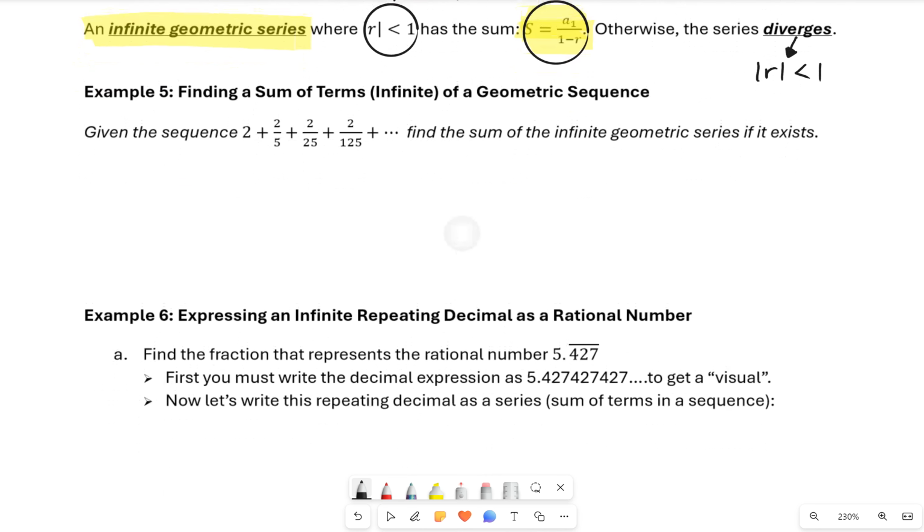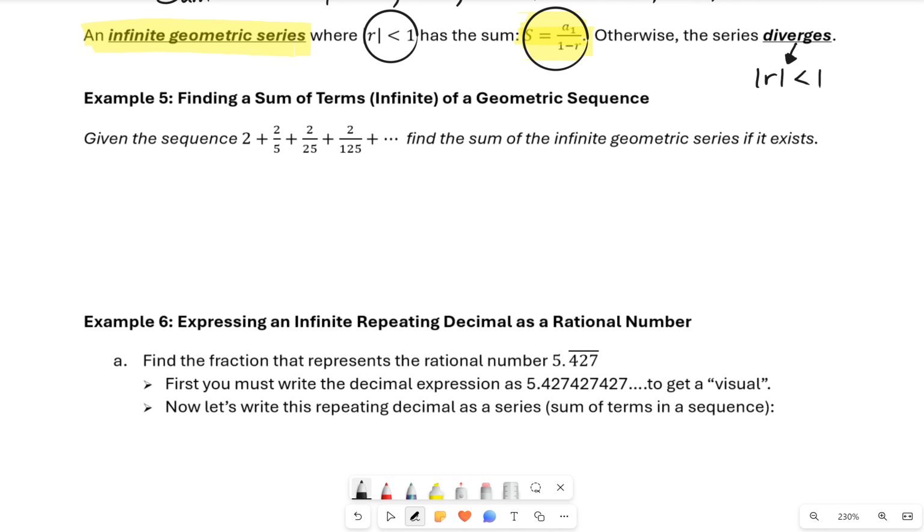Let's work out a problem that involves an infinite sum. Notice it's infinite because of those ellipses, right? They're giving us a sequence of numbers and asking us to find the sum.